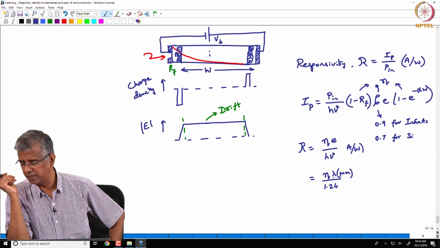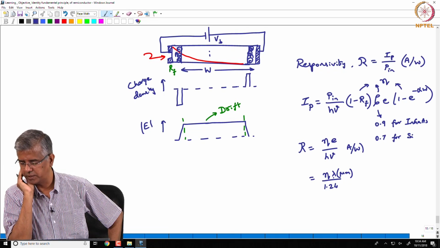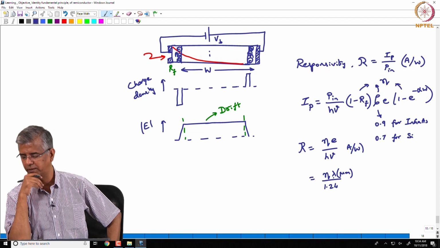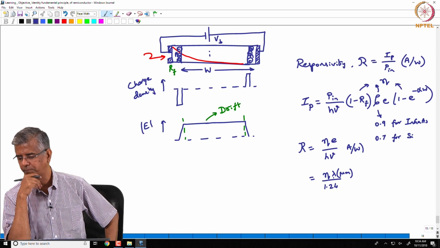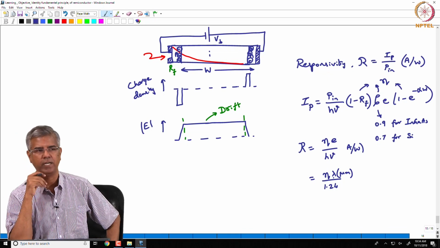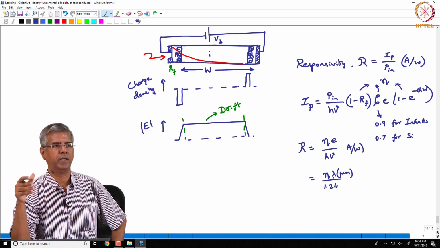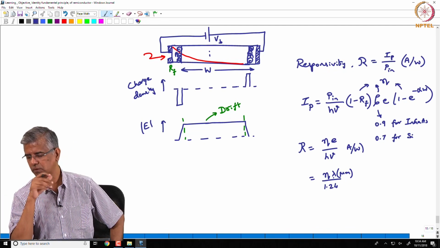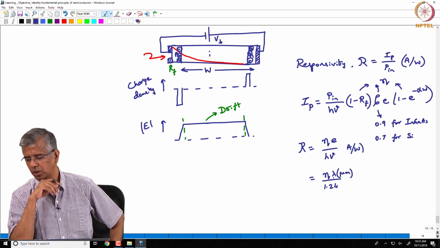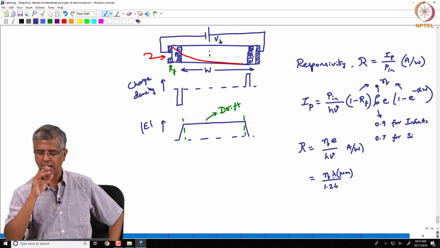So, if it is a direct band gap, then that is 0.9 or it could be even 0.95. The material purity is very good. And 1 minus e power minus alpha W is your design parameter. So, for a given material, you know what is alpha. What does alpha depend on?